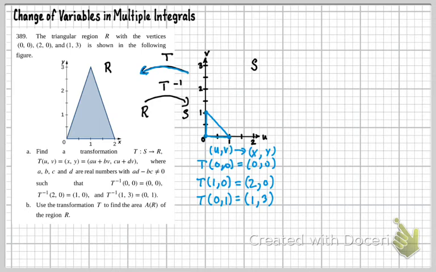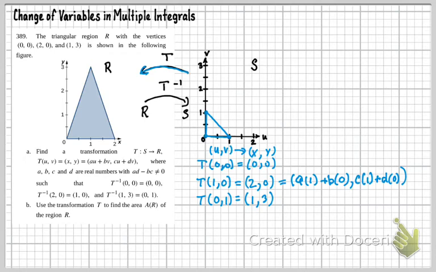So knowing this, when I plug in (1, 0) using these formulas, I would get A times my U, which is 1, plus B times my V, which is 0, comma, and then for the second component, C times 1 plus D times 0. So this is what this would end up being.